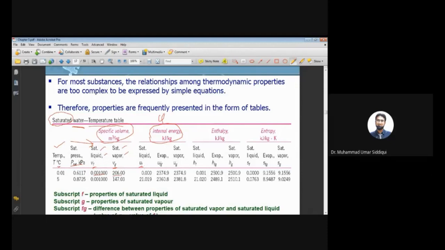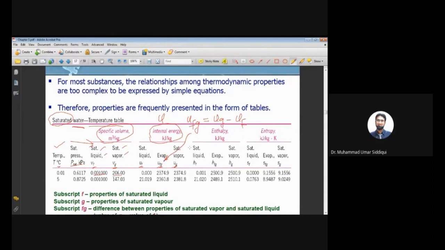Then we have here UG, and in between we have UFG. Now, what is UFG? UFG is just the difference between UG and UF. So if you subtract UF from UG, it is going to give us UFG. UFG is equal to UG minus UF. As simple as that. Nothing complicated.